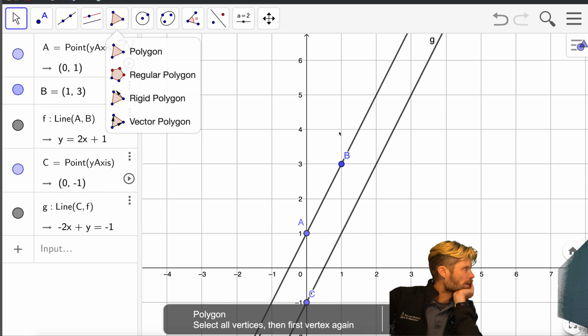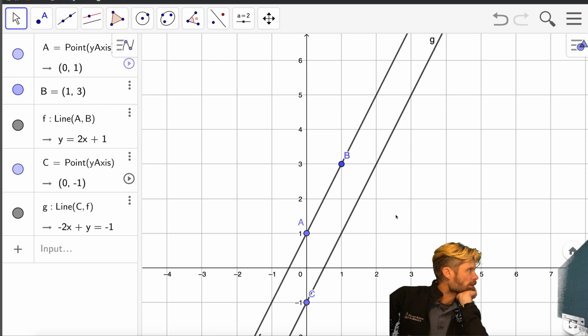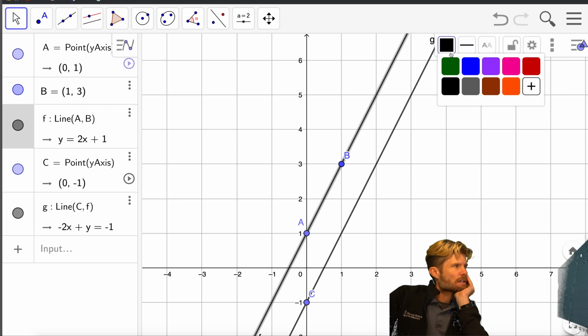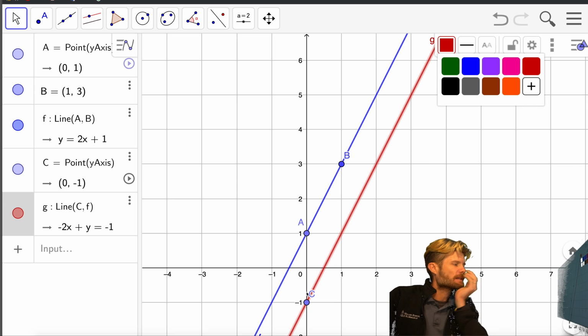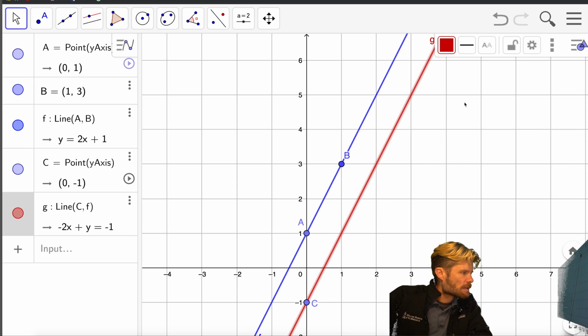We have two lines, y equals 2x plus 1, which is this first one, and let's make this blue, and we have the second line here, let's make this red, and these two lines are parallel.